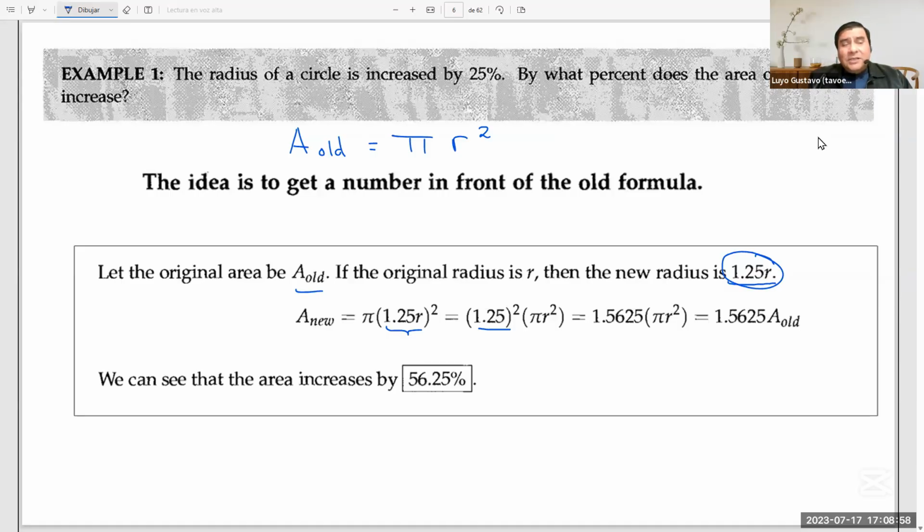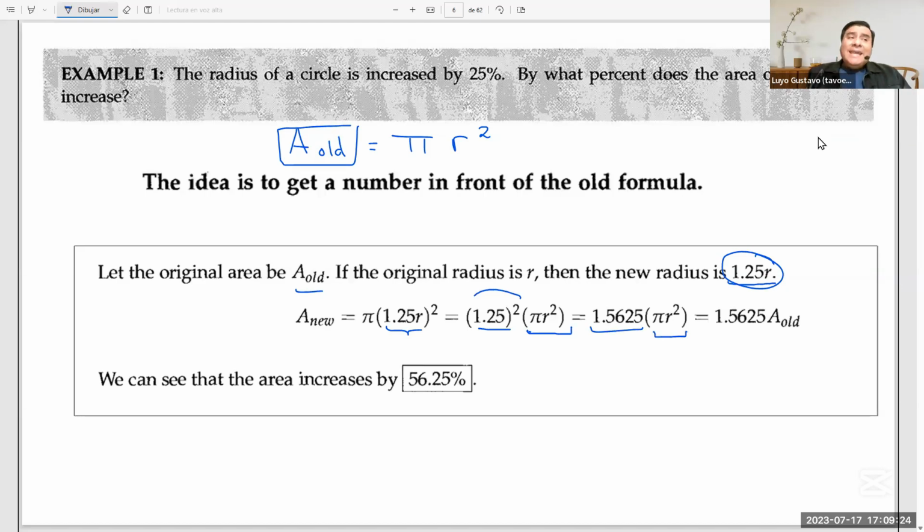Notice that I'm changing the order of factors, just pi multiplying the square of the radius. So take a look. What is this? This is actually the old area or the original area of the circle. So what we get is the square of this number, multiplying the old area.